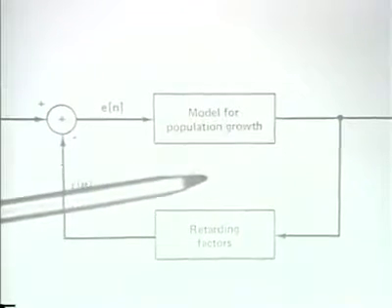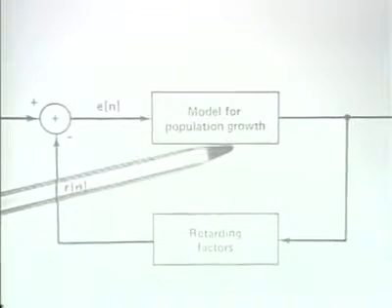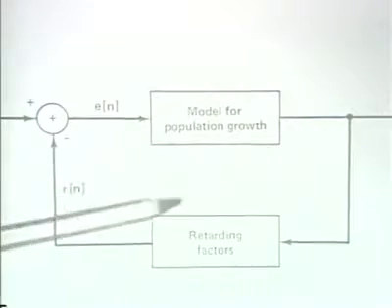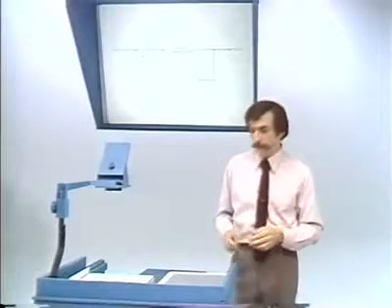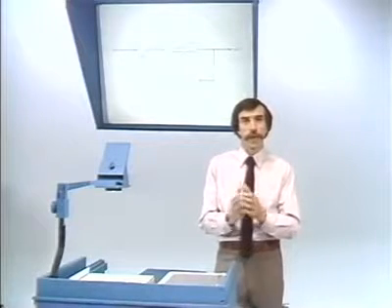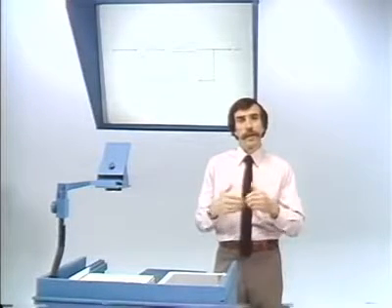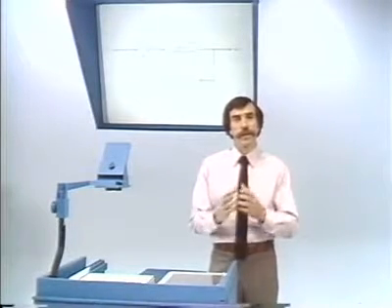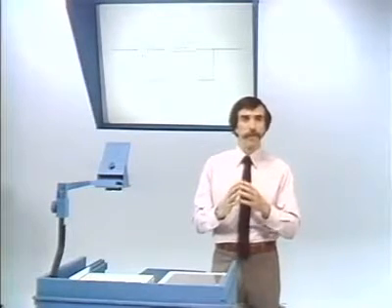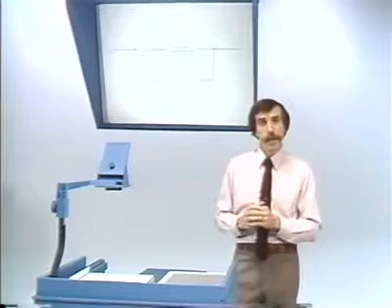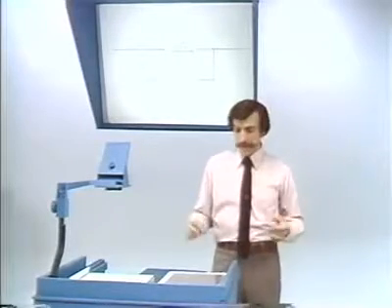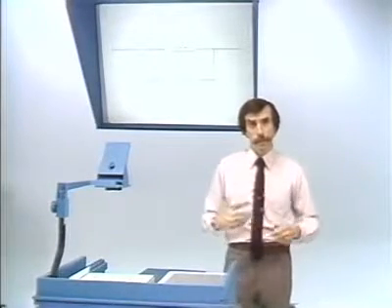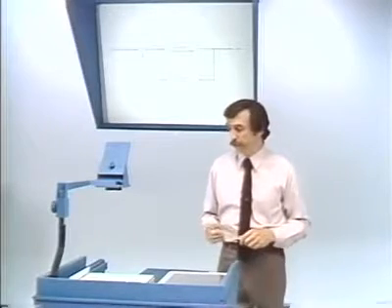And typically, models for population growth are unstable systems. You can kind of imagine that because if you take simple models of population, what happens is that in any generation, the number of people or animals or whatever it is that this is modeling grows essentially exponentially with the size of the previous generation.